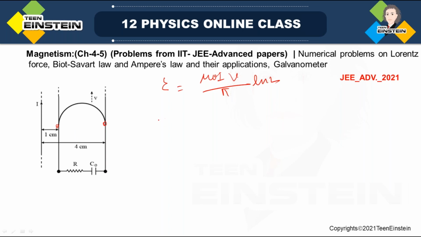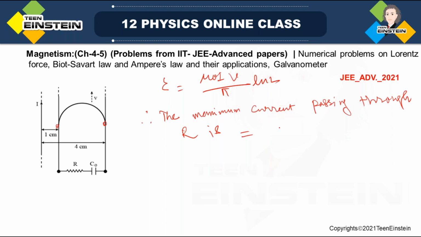What is the current? The maximum current passing through R is E by R. What is E?